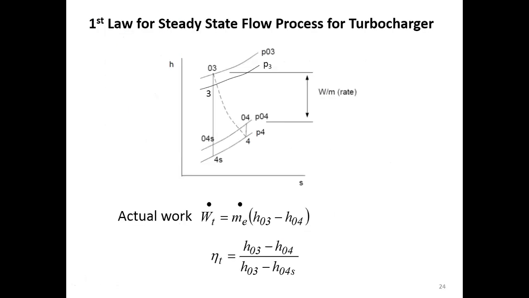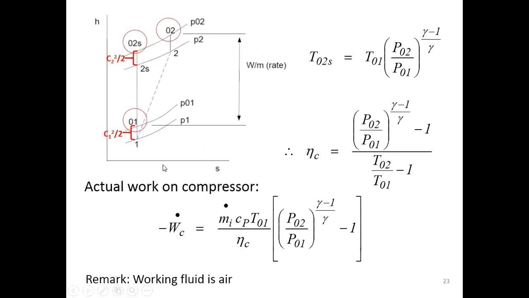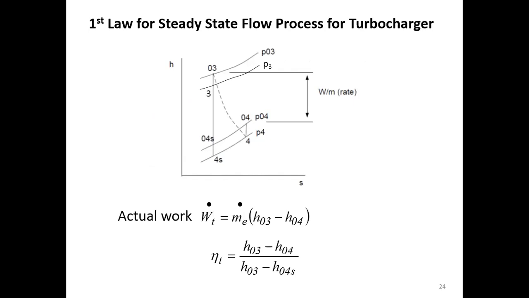Okay, how about the turbochargers? For the turbocharger, the compressor part is the same. So in the case of turbocharger, this amount of work, instead of coming from the engine, has to come from the turbine.